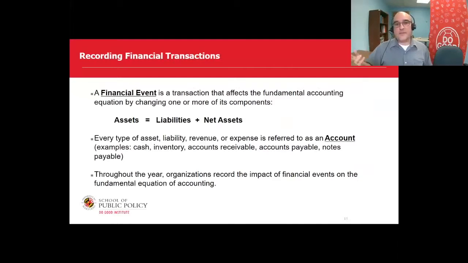An account is just a line item on a balance sheet or on a transaction record or on a budget for that matter. Cash, inventory, accounts receivable, accounts payable, notes payable, all these terms that we just talked about are names for accounts. And throughout the year, the organization's financial people just record financial events on a list of transactions, and show how the events affect the fundamental equation of accounting.